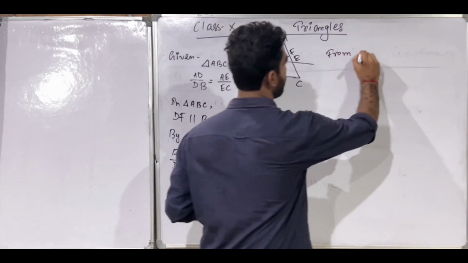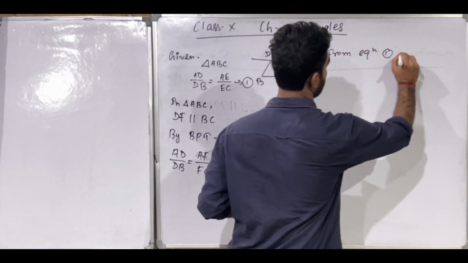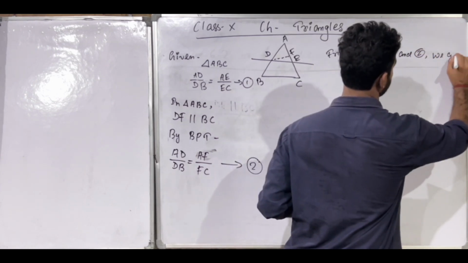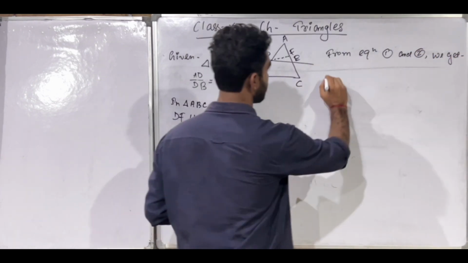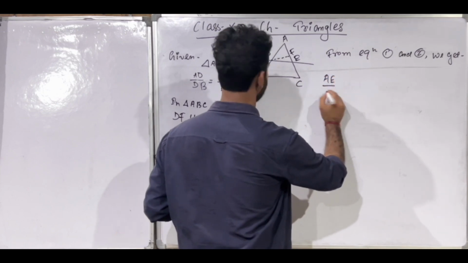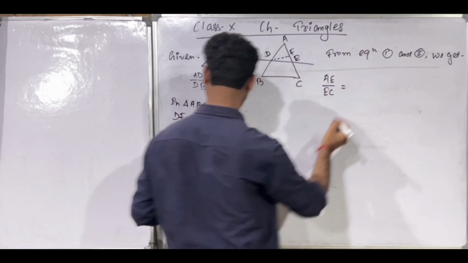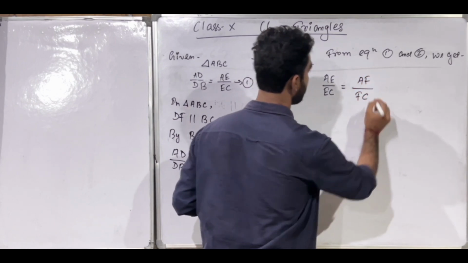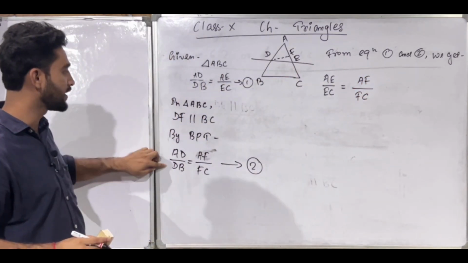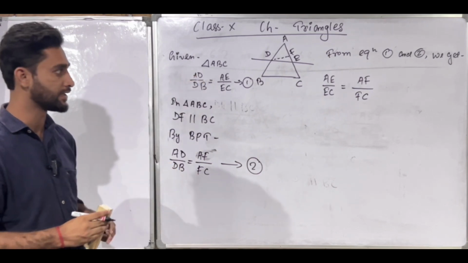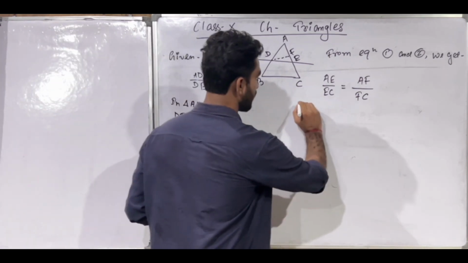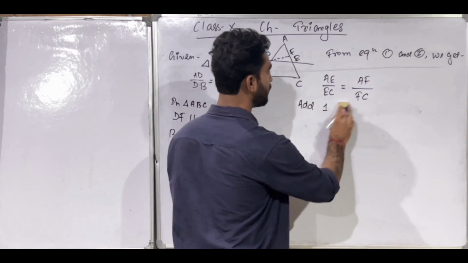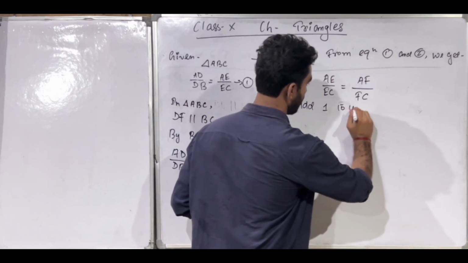From equations 1 and 2 we get AE divided by EC is equal to AF divided by FC. Left hand side is the same, so we have equated the right hand side. Now add 1 to both the sides.